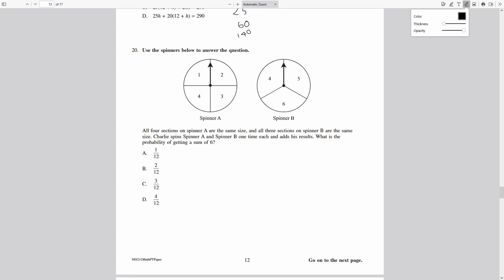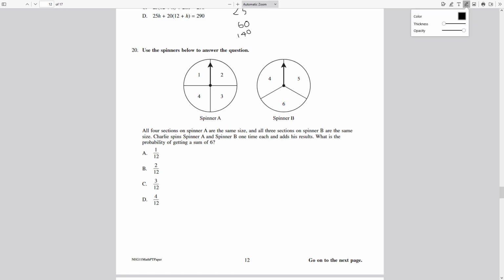Okay. Charlie spins spinner A 1 time and spinner B 1 time and adds his results. What's the probability of getting a sum of 6? A sum of 6. There's probably a mathematical equation for this, but I kind of like doing it one by one.